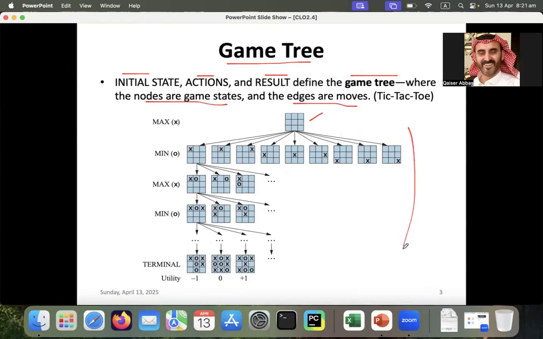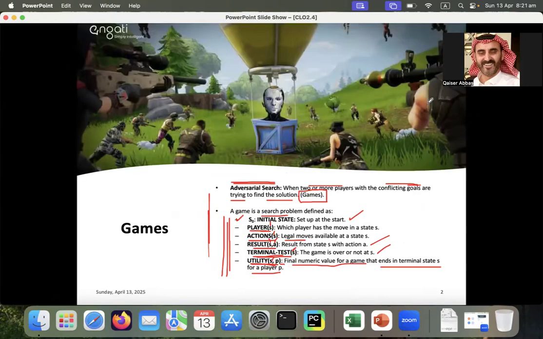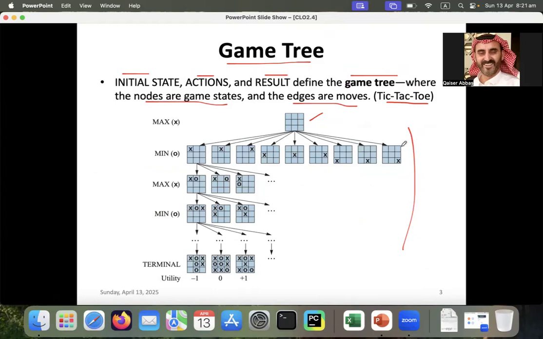And here we are going to take an example of a tic-tac-toe game. That is a simple game so that you can understand it easily. If we take a game bigger than that, building a tree for it is not possible on this page. Even for tic-tac-toe, we cannot build the whole tree here.